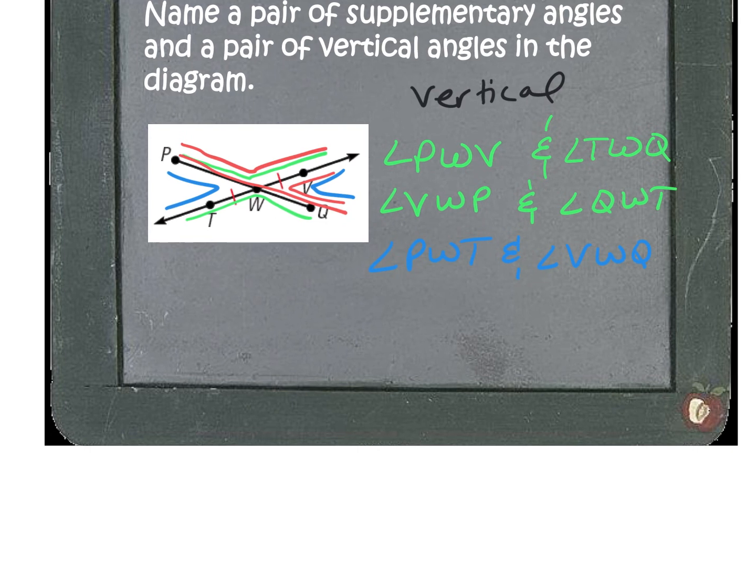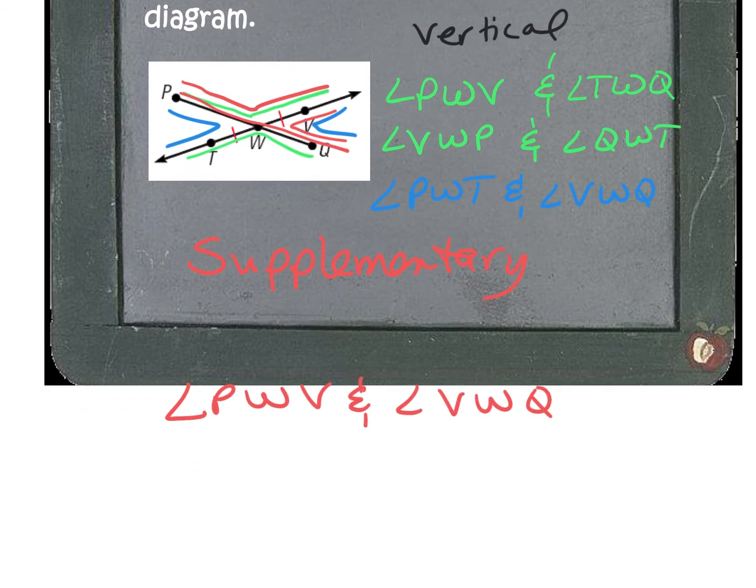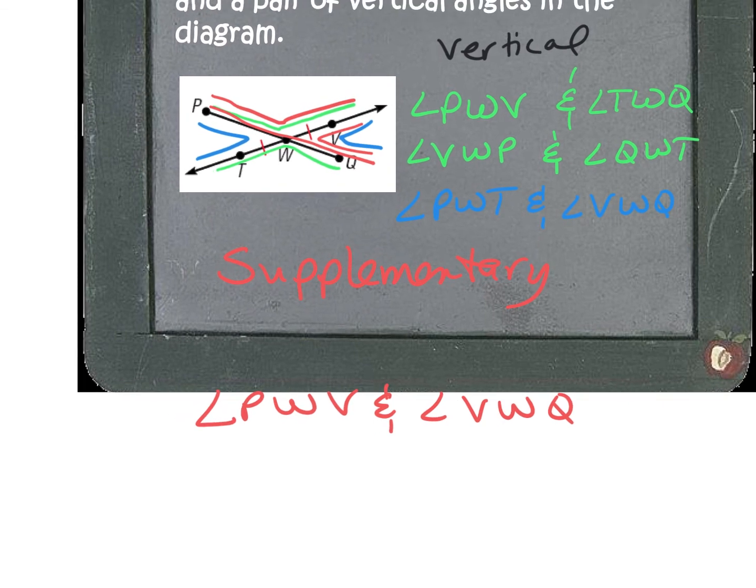So for the supplementary, again, we can call it PWV along with VWQ. Now, in addition to PWV, you could also do PWT. So PWT can also go with PWV.